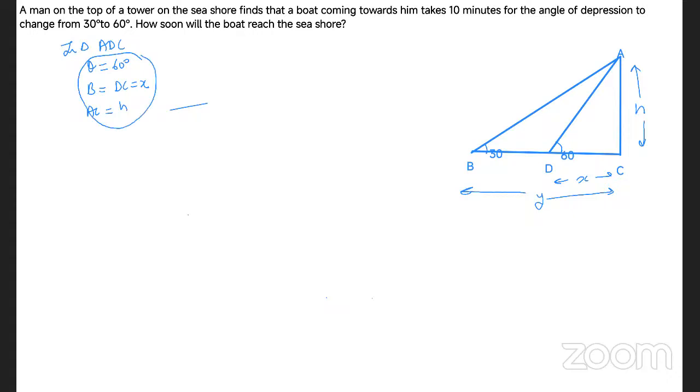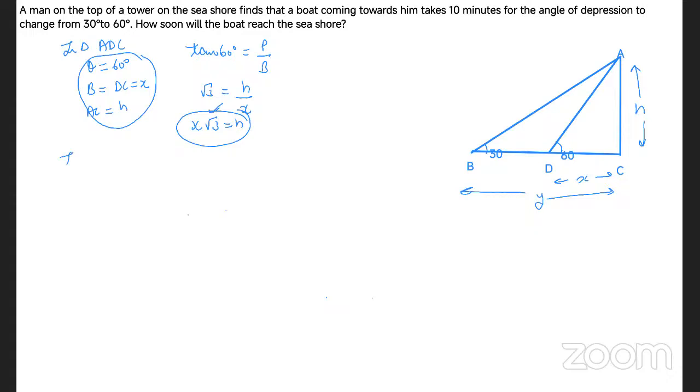What we have to do: tan 60 degrees equals perpendicular upon base. Tan 60 degrees value is √3. So √3 equals perpendicular, which is H, upon base, which is X. So X√3 is the H. Okay, X√3 is the H.